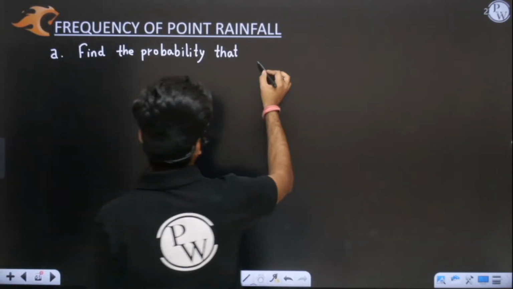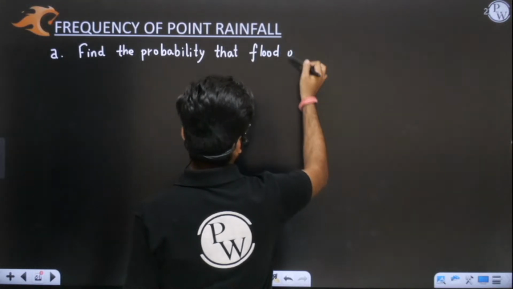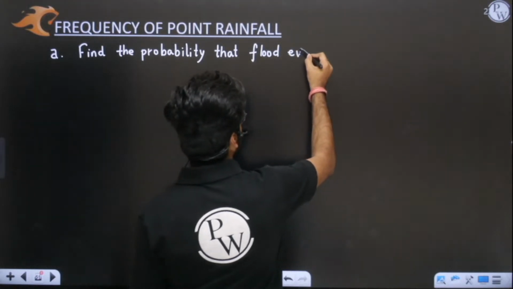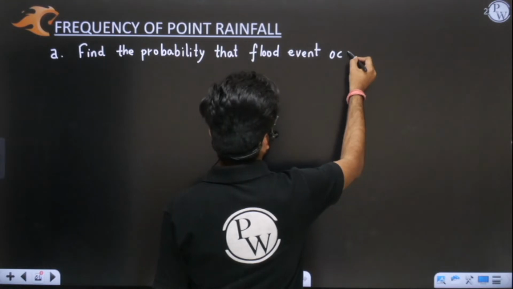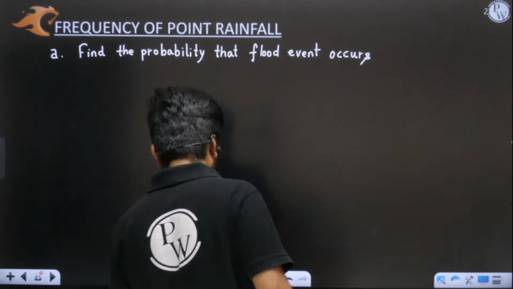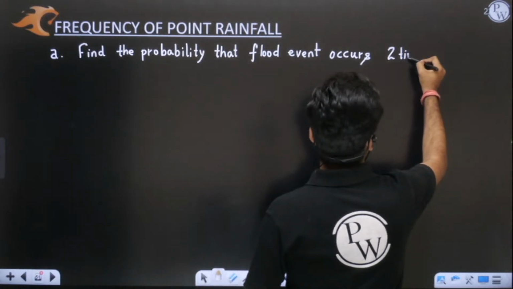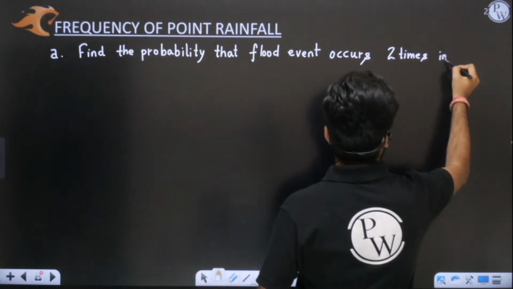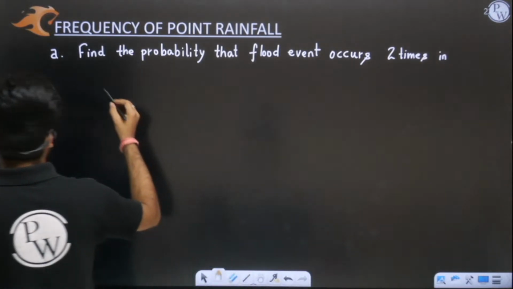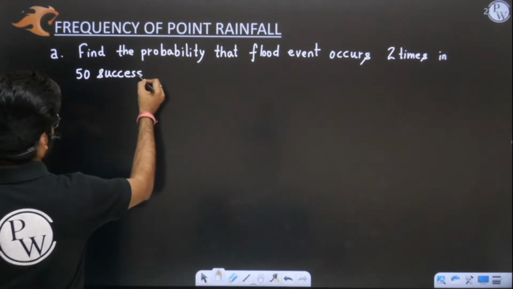So find the probability that the flood event occurs or happens 2 times in 50 successive years, because our design life is 50 years.